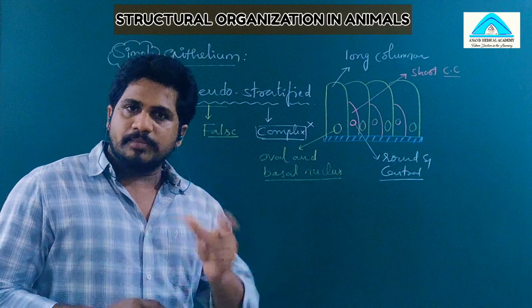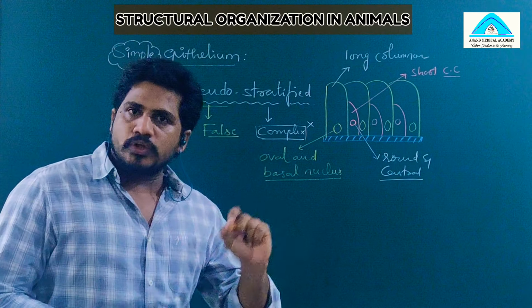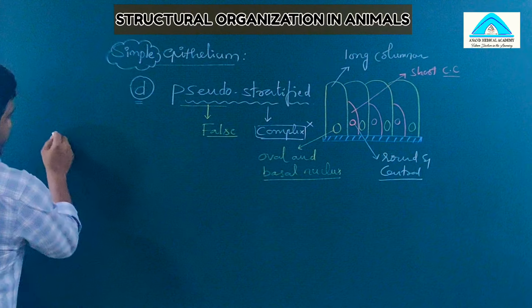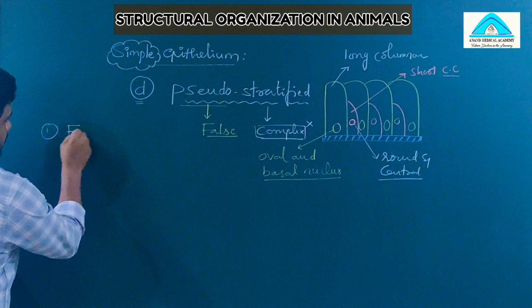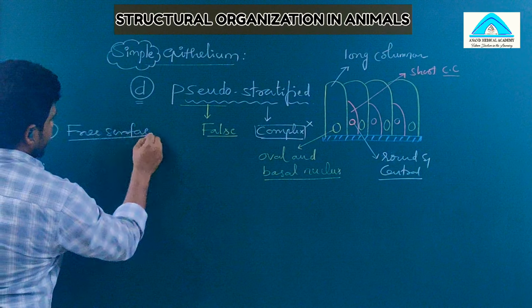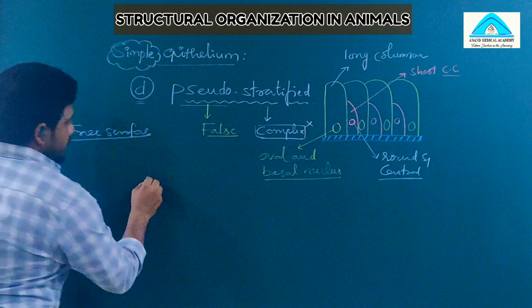Let us observe some different types of simple pseudostratified epithelial cells according to the surface. The first type is free surface pseudostratified. Free surface pseudostratified means what?